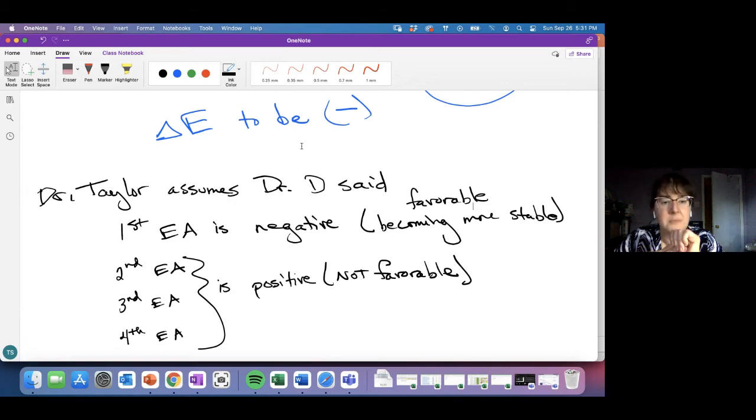electron affinity. What we're going to wind up doing for the exam is focusing on the fact that it does increase as you go from left to right.